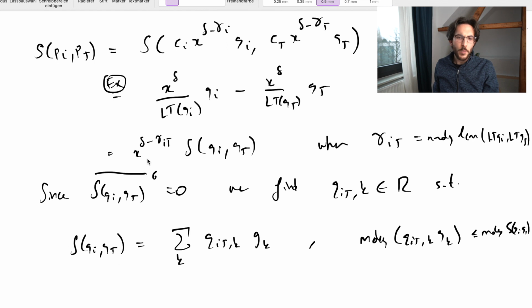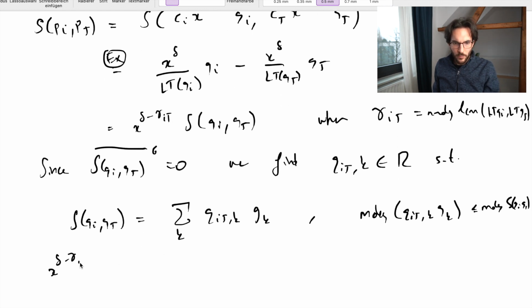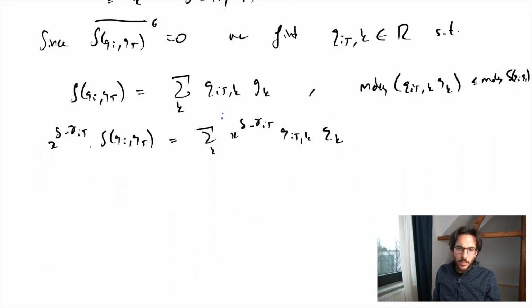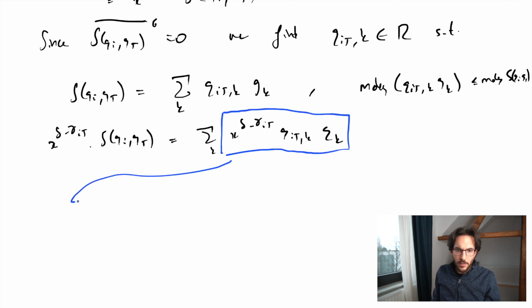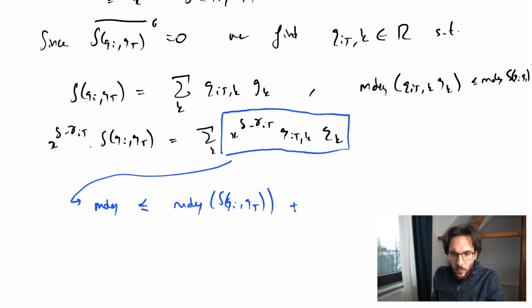And now multiply this S-polynomial by this monomial term over here. And let's look at the new terms that appear here. This thing has multidegree less than or equal to the multidegree of the S-polynomial plus the term that we're translating with.